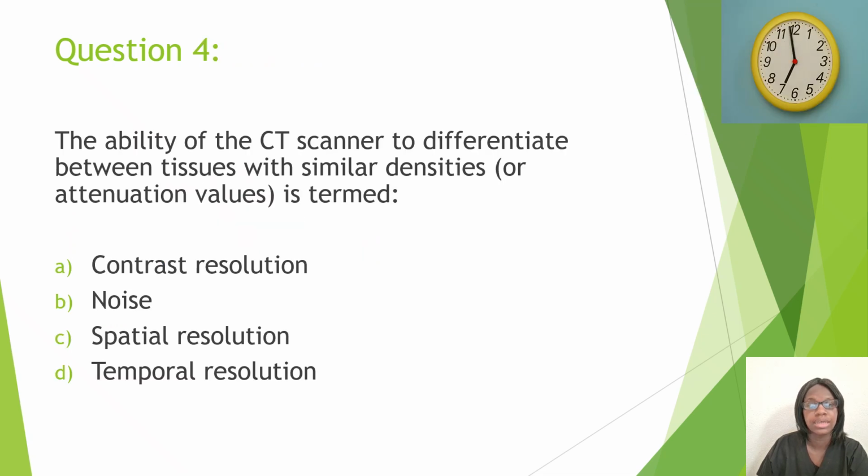Question 4. The ability of the CT scanner to differentiate between tissues with similar densities or attenuation values is termed contrast resolution, noise, spatial resolution, or temporal resolution.